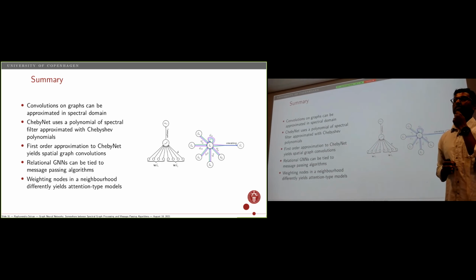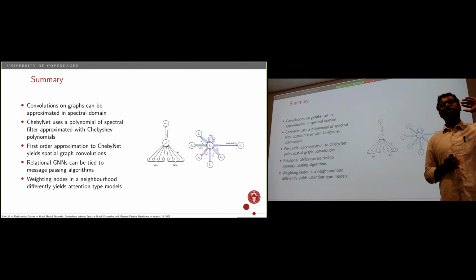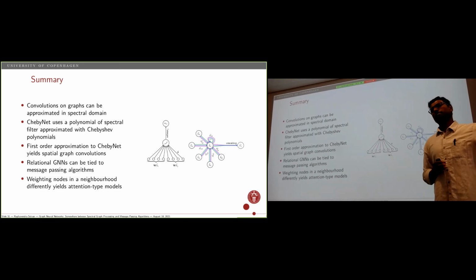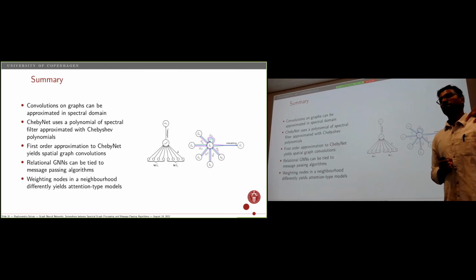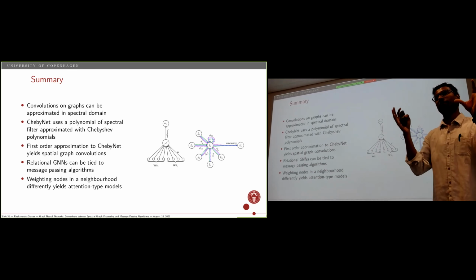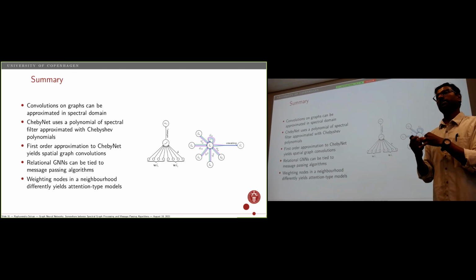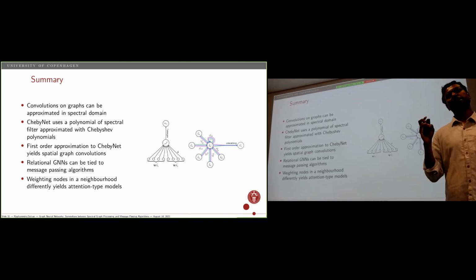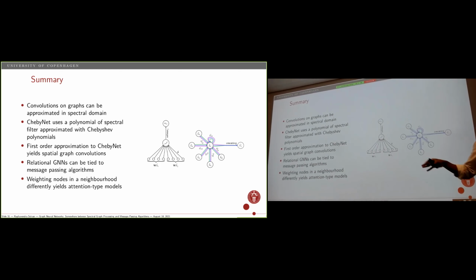Then we make this drastic assumption that we are going to use only the first two components. And then this becomes, I did not specify, a spatial graph convolutional network, because you don't need the Laplacian there. You only are using the adjacency matrix. So it's no longer in the spectral domain; it's a pseudo-spectral GNN, if you'd like to think of it.